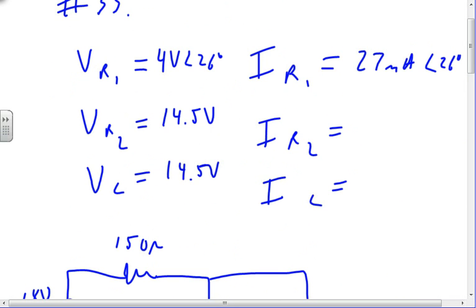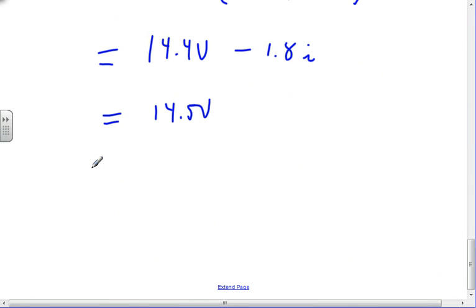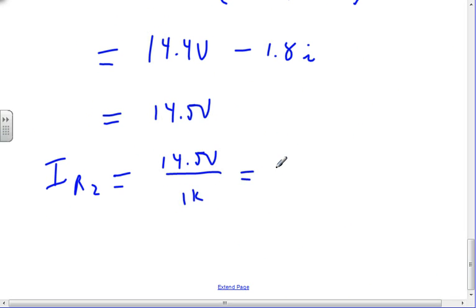Okay, so the current through resistor 2 is 14.5 volts divided by resistor 2, 1K, which is 14.5 milliamps.